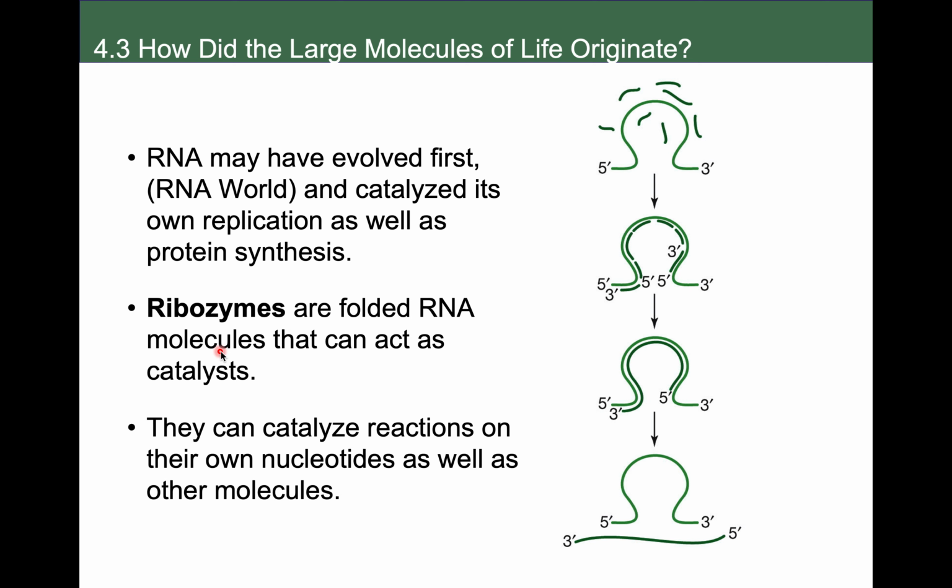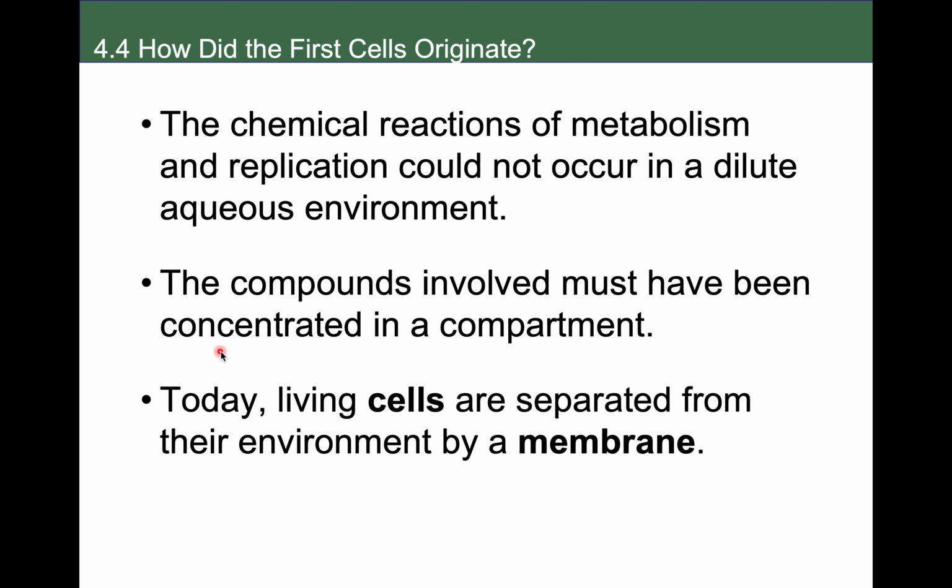These are basically just, as I said, RNA molecules that have some enzymatic activity. And as we saw earlier in this chapter, RNA is an informational molecule and can store genetic code just like DNA would. So it kind of bridges the gap between information and functional cellular activity. So it was likely an RNA world at some point.